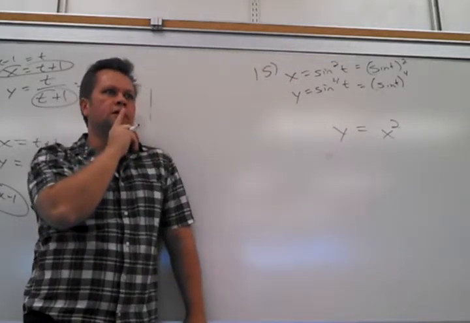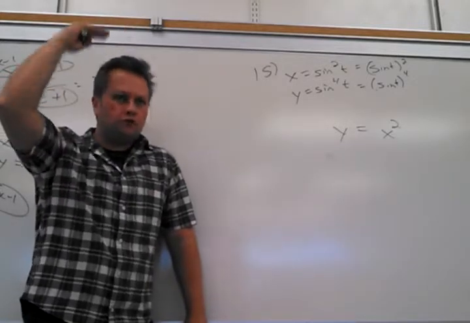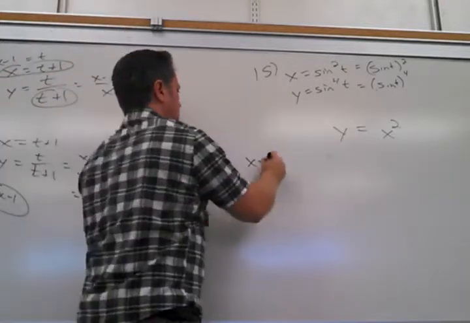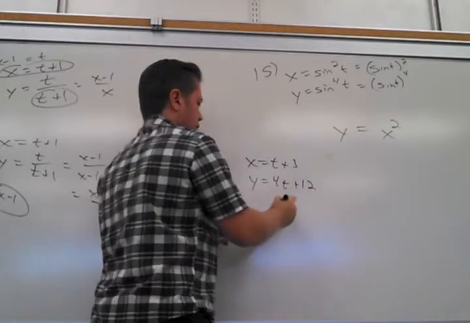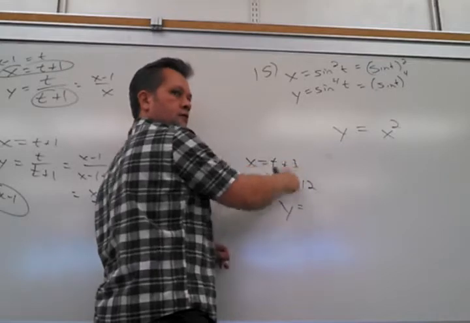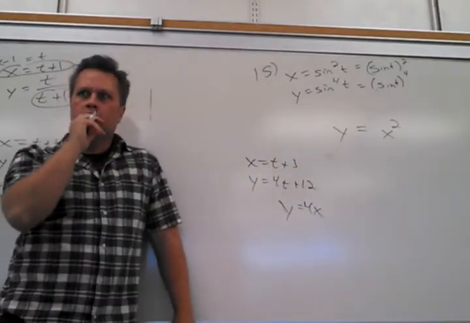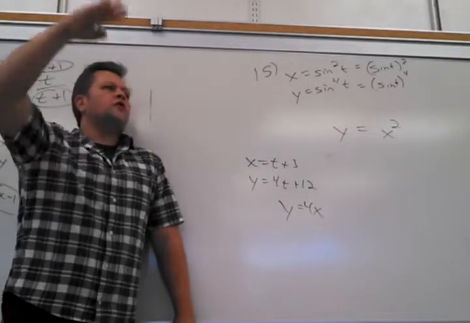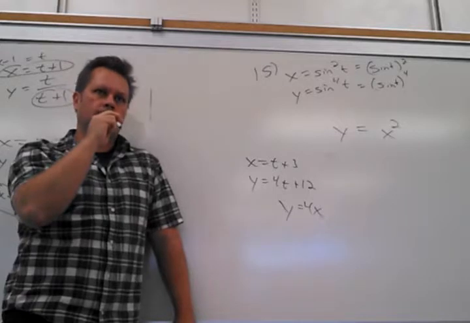That's a really good question, because the first thing you look for is whether there's a direct relationship. If x is t plus 3, and y is 4t plus 12, well, then y is 4x. Bam, done. Don't even solve for t. That's one of the first things you look for: is there a direct relationship between these two things?